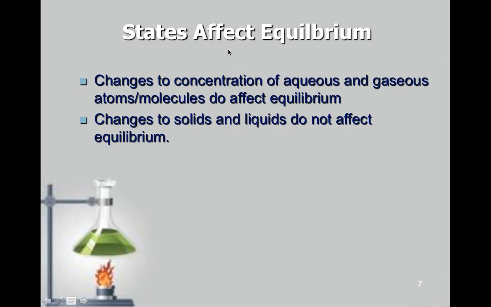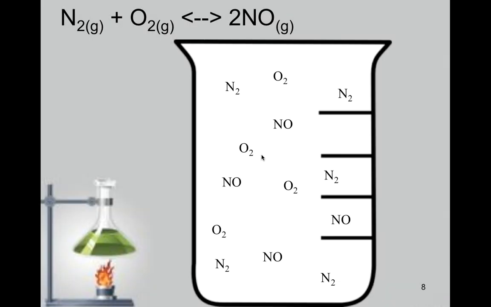Aqueous is going to be aq in parentheses. Gas is going to be g, solid is s, and liquid is l. We're not going to get into why those don't affect equilibrium in this course. It's a little bit beyond the scope of this class.